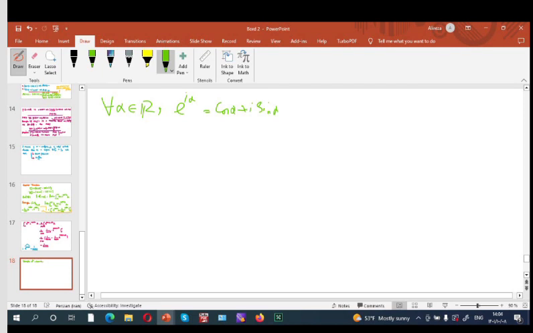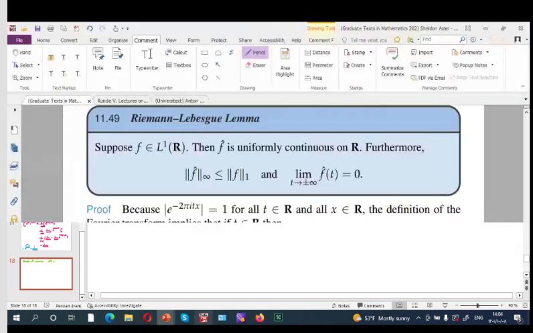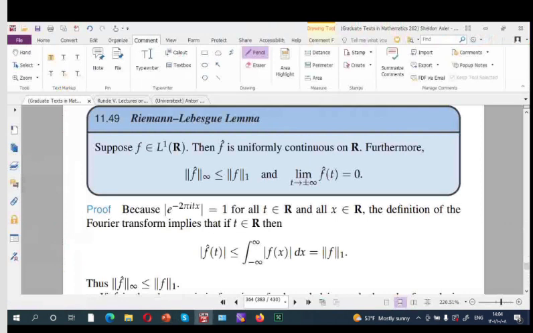So that the absolute value of this equals 1, for any alpha.